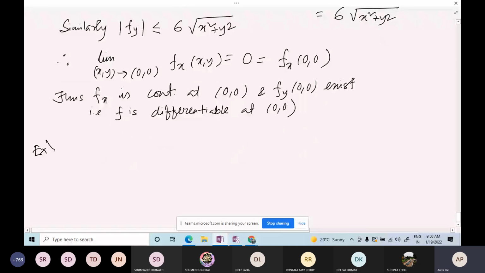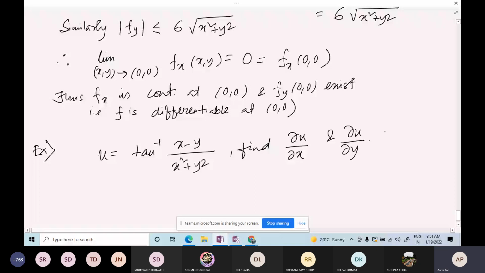U is given as tan inverse of (x − y) divided by (x² + y²). You have to find del u del x and del u del y. So can you find this?